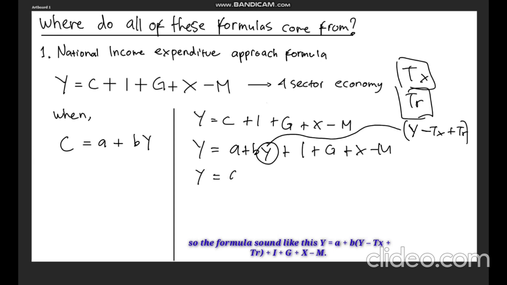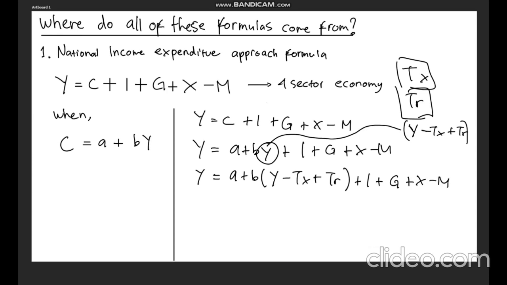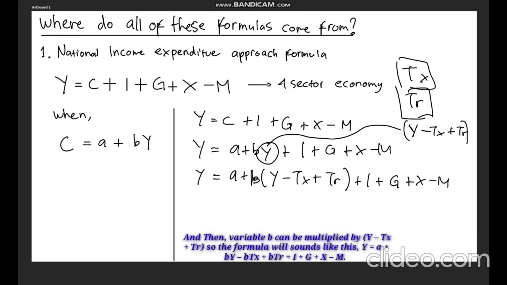So the formula looks like this: y equals a plus b, open brackets, y minus tx plus tr, close brackets, plus I plus g plus x minus m. And then variable b can be multiplied by the bracket y minus tx plus tr. So the formula will look like this: y equals a plus by minus btx plus btr plus I plus g plus x minus m.